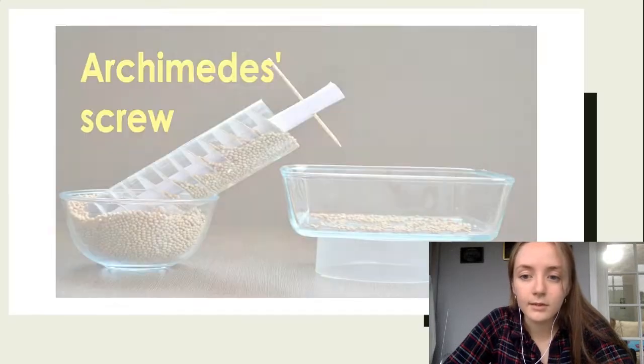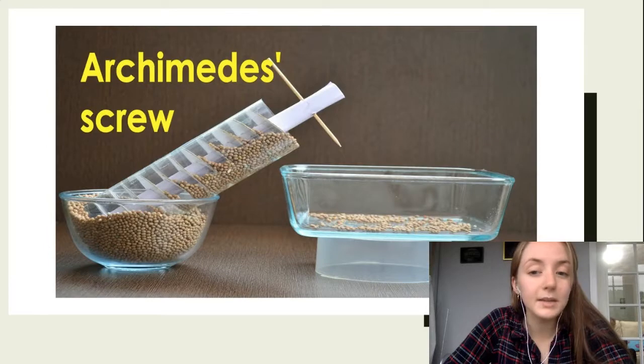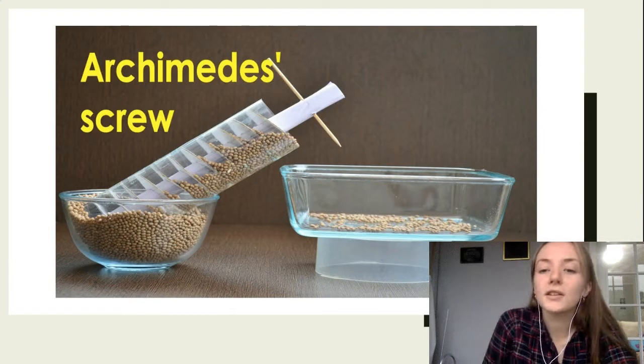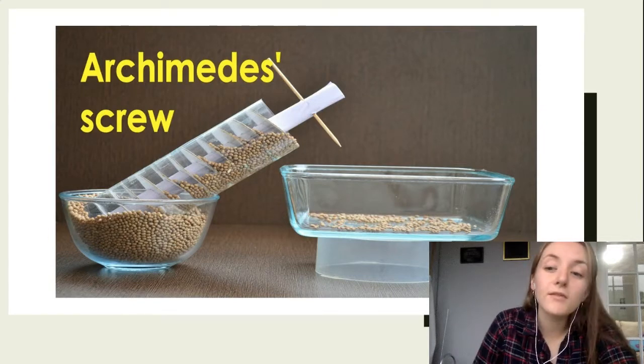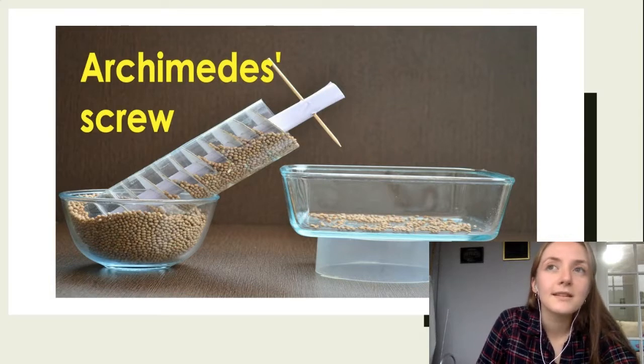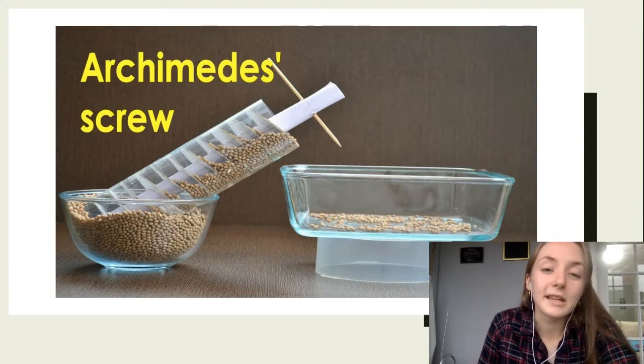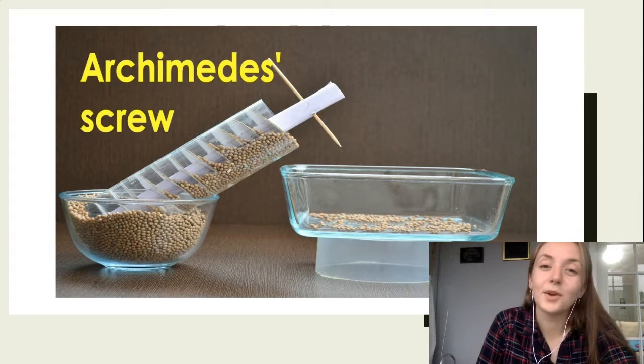So a really cool example would be the Archimedes screw, or at least I think it's cool anyway. Originally, this was used in agriculture to pump water and grains from a lower reservoir to a higher reservoir, because moving water is a really arduous task and you don't really want to do that by hand with buckets.